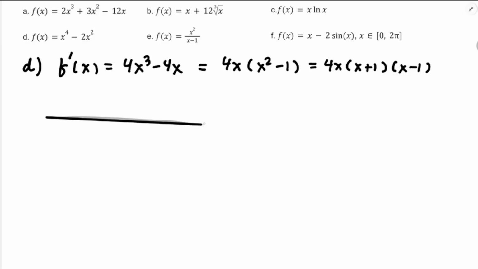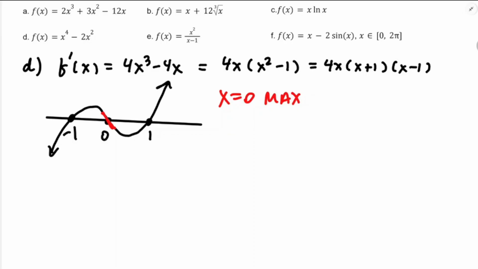Sign chart or sketch the graph. This is a third degree polynomial, positive leading coefficient. I've got this. Okay, negative 1, 0, and 1. Right, and so if I want to know for a local maximum, I think we already did this. X equals 0. I think I may have thought this was going to have a double root in the first derivative, which is kind of what I wanted.